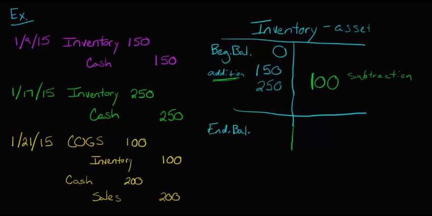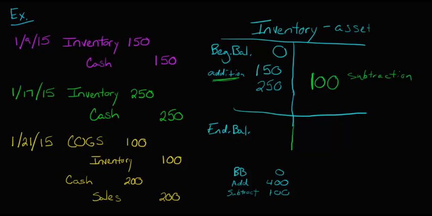Now, you might be able to very quickly do the math in your head, but let me just work through it for you. When you have the beginning balance of 0, and then the additions, which are 150 plus 250, these two right here, that's $400 if we add them together. So we're adding 400 of inventory, and then we're subtracting 100 of inventory.